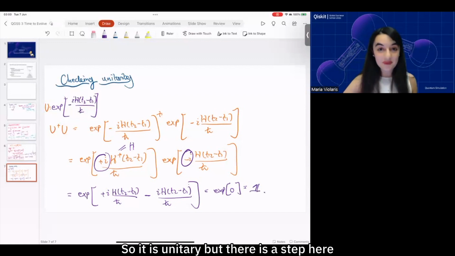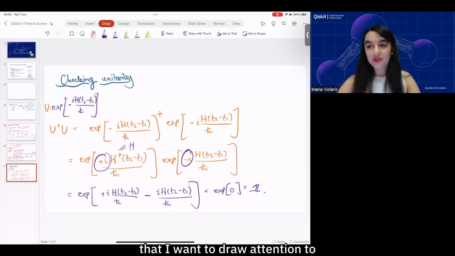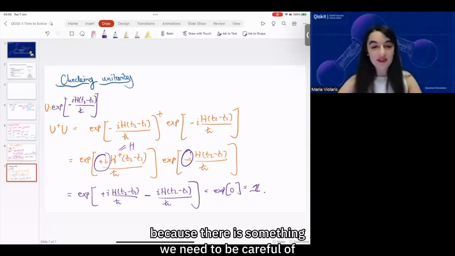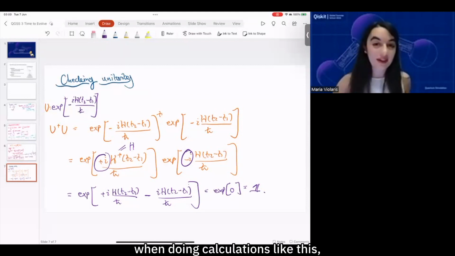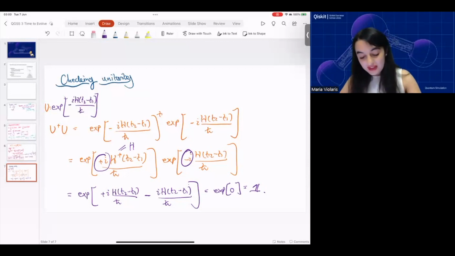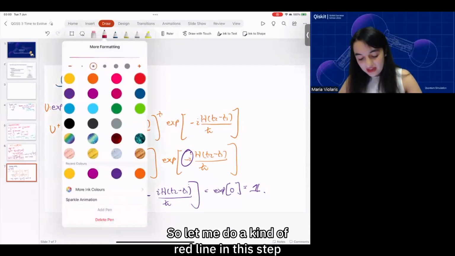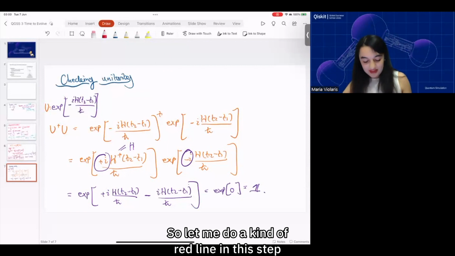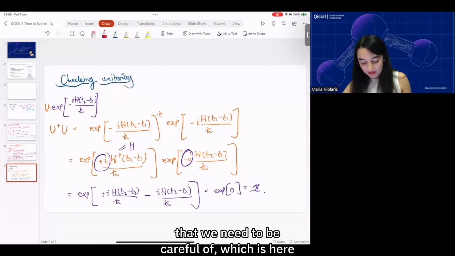So it is unitary, but there is a step here that I want to draw attention to, because there is something we need to be careful of when doing calculations like this, and it relates to commutativity. So let me do a kind of red line in the step that we need to be careful of, which is here.